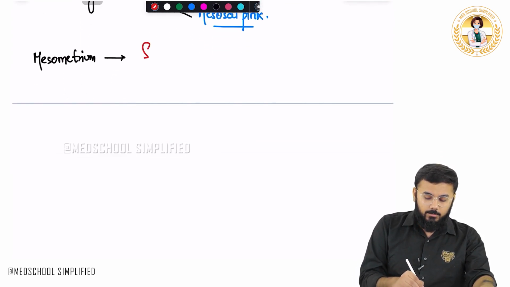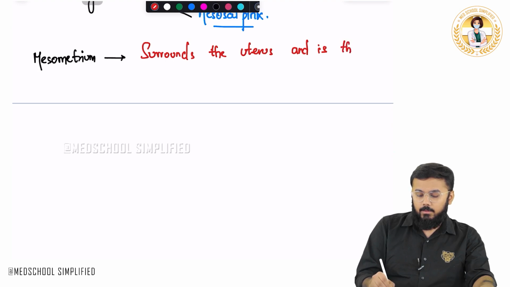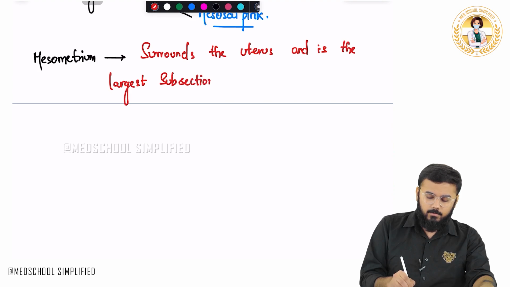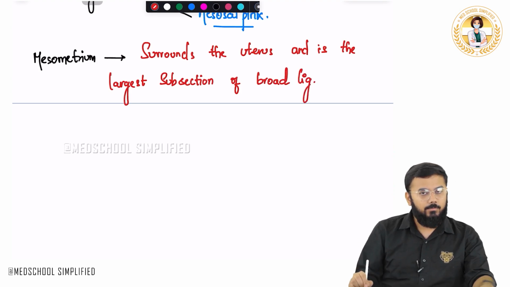So the mesometrium surrounds the uterus, and it is the largest subsection of the broad ligament of the uterus.